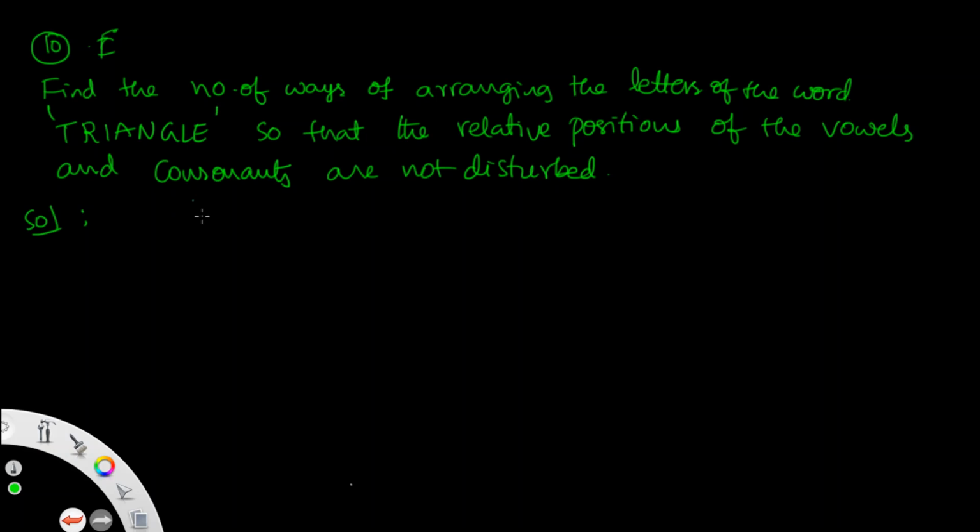The vowels can be arranged in 3 factorial ways, and the 5 consonants can be arranged in their relative positions in 5 factorial ways. Therefore, the total required arrangements are 3 factorial into 5 factorial. We are not disturbing the places. Vowels should be in the places of vowels only. It can be done in 3 factorial ways because the number of vowels is 3.